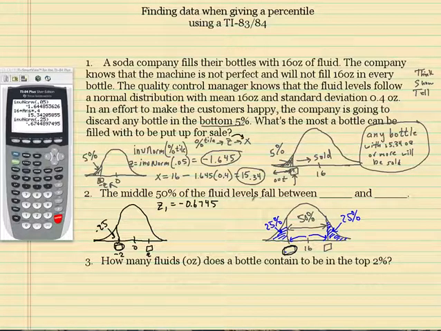Now to find this score, I just have to transform it from a z-score to an x-score, from z to an x. The way we do that is very, very easy. My x is going to be the mean, which is 16, minus 0.6745 times 0.4. Notice when I'm putting this in my calculator, you have to be a little careful with your positives and negatives.